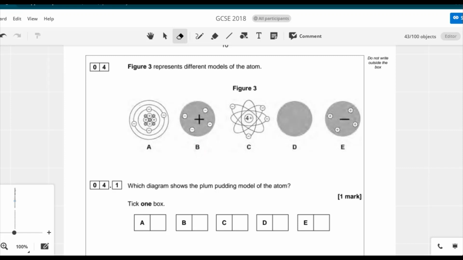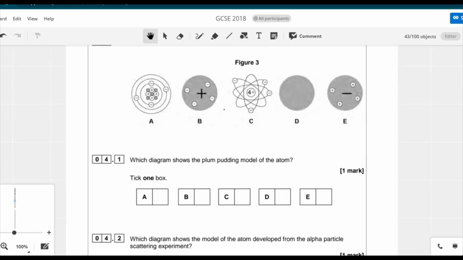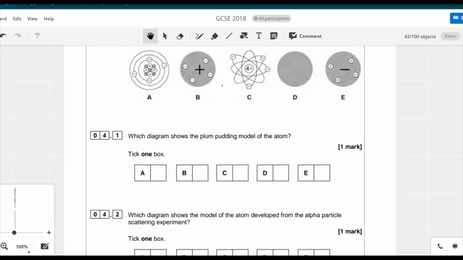Because the electrons are embedded in the atom, and the central part contains a positive charge, while the electrons are embedded in the atomic sphere. That describes the plum pudding model. So the answer for 4.1 will be B.